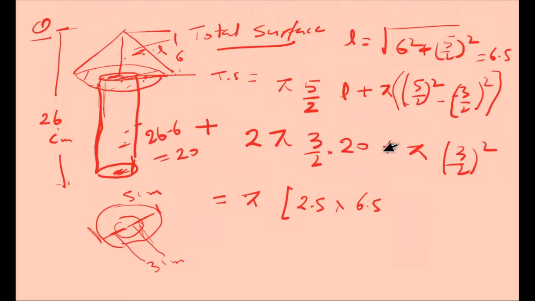Okay. Now this pi is common. What is left here? 5 by 2 square, minus 3 by 2 square, plus 3 by 2 square, and this is cancelled here, and now plus pi is common, this 2 is cancelled.